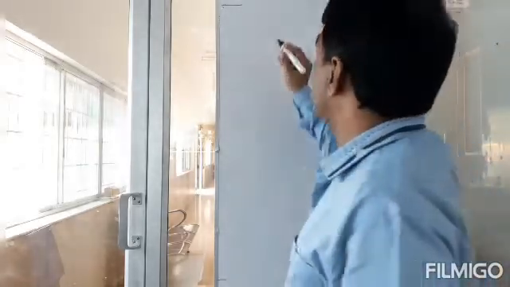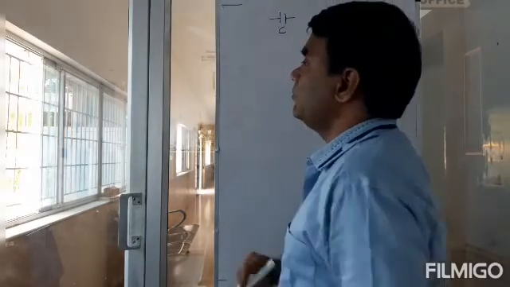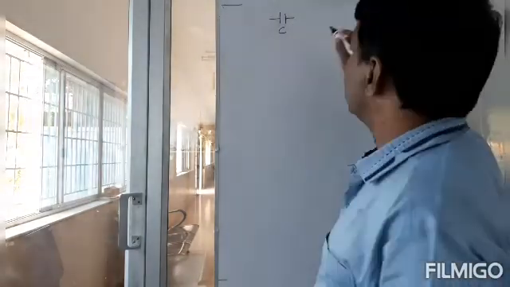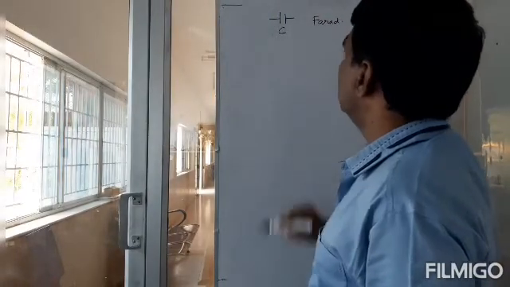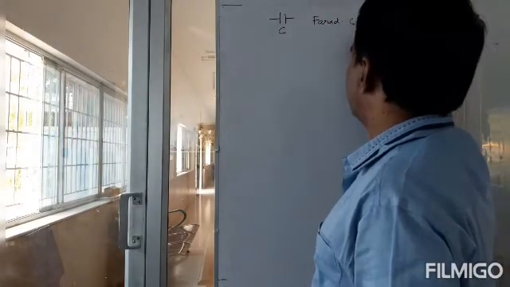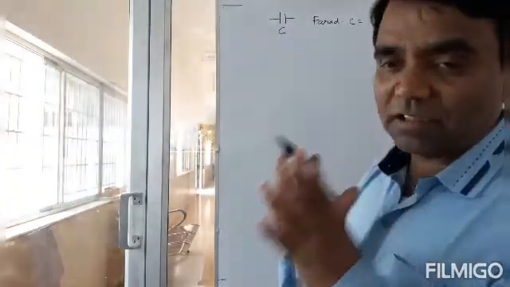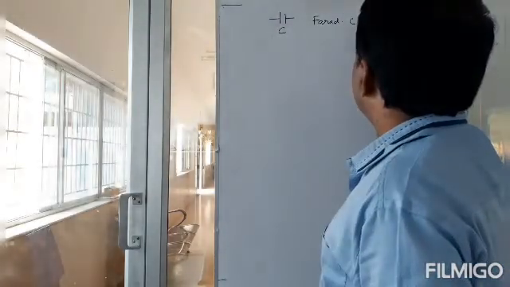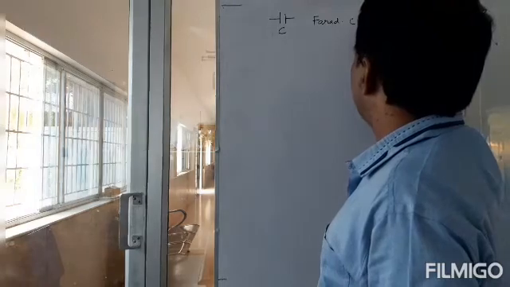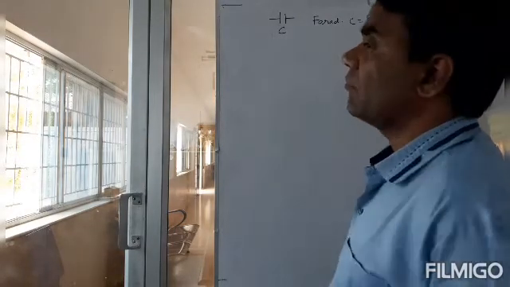I told you that this is the symbol for a capacitor, and the unit of capacitance is the farad. This capacitance depends purely on the geometry of the capacitor. If you take a parallel plate capacitor, which is a special type of capacitor, it is given by epsilon naught A by d.